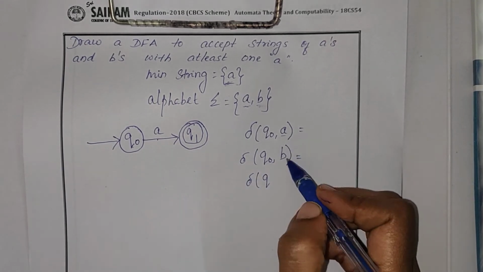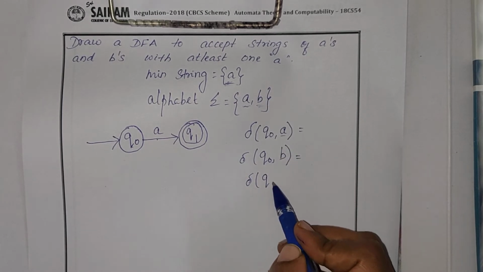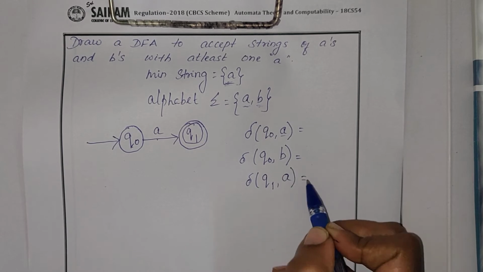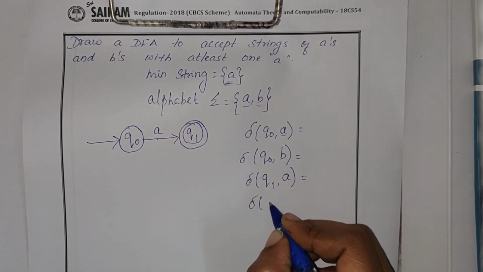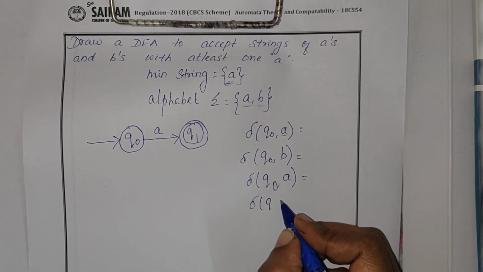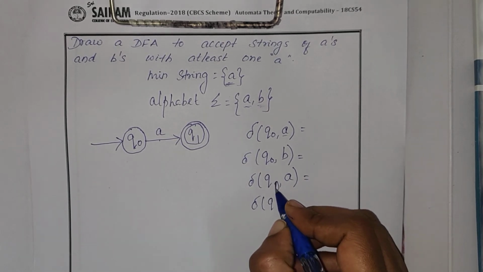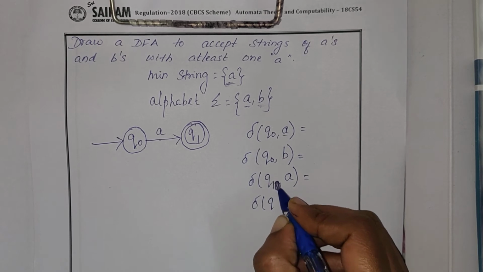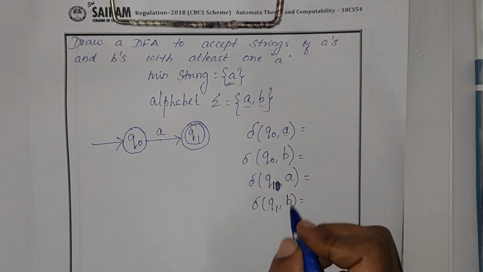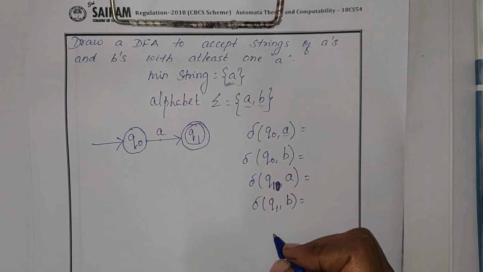Both the alphabets for Q0 are over, so now I am moving to my next state Q1: Q1 with my first alphabet, and Q1 with my second alphabet. So these are the transitions I am supposed to find.